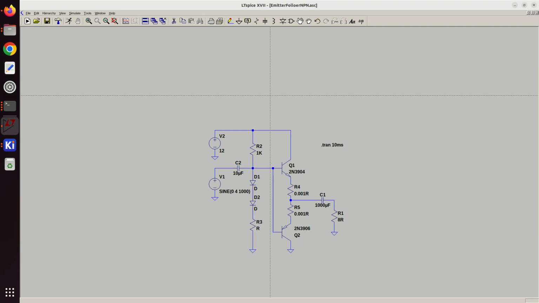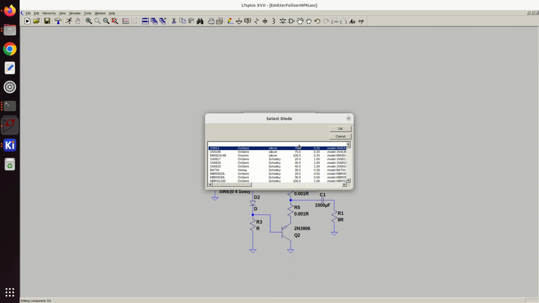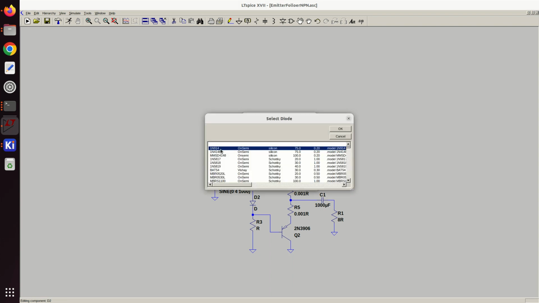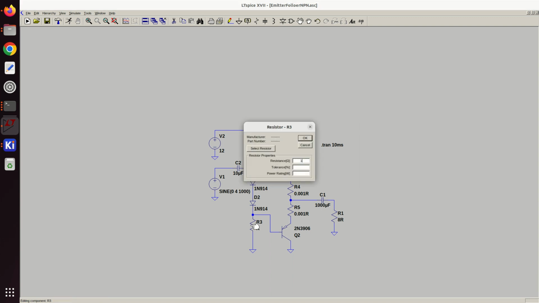So we're setting up this bias here, and we can disconnect that, and then we connect it to here. So can we pick a new diode? 1N914, that'll do nicely. Not critical as to exactly what diode you're going to use.